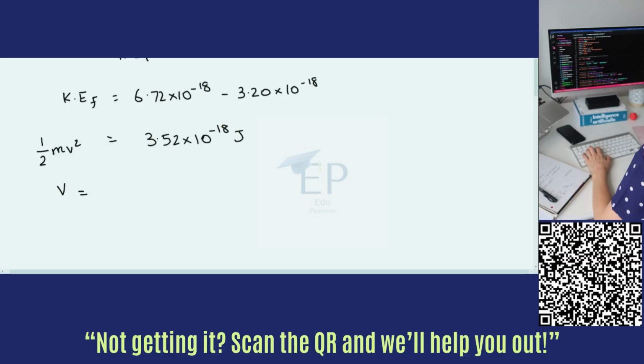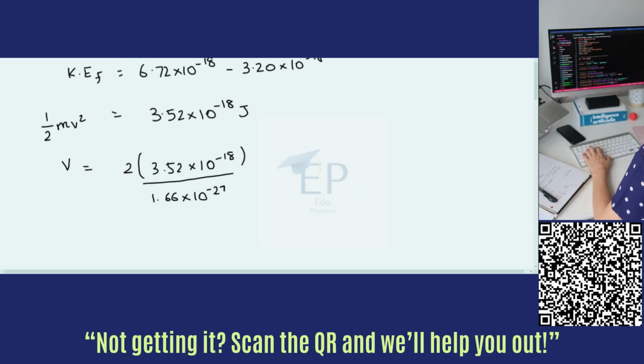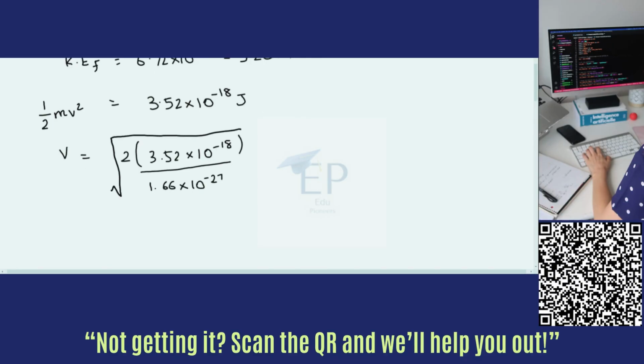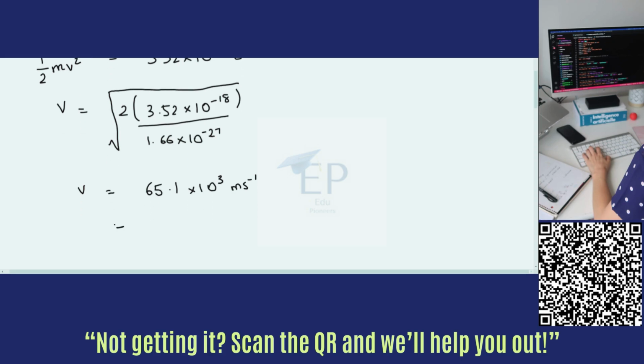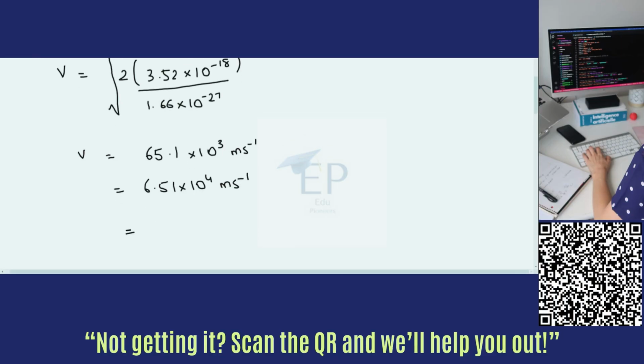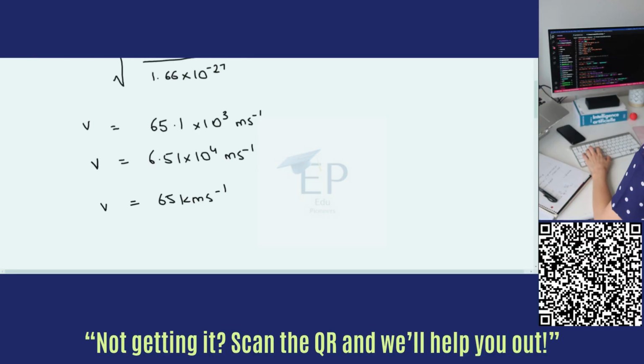So our required velocity is just 2 times 3.52 into 10 to the negative 18 divided by the mass of the proton, which is 1.66 into 10 to the negative 27 kilograms, and we can take the entire thing in the square root, and that gives us 65.1 into 10 to the 3 meters per second, or 6.51 into 10 to the 4 meters per second if you prefer scientific notation, or 65 kilometers per second if you prefer that particular unit. And these are our required answers.